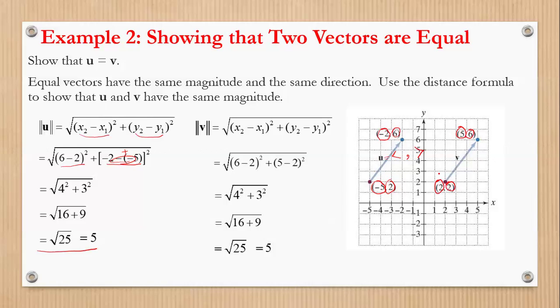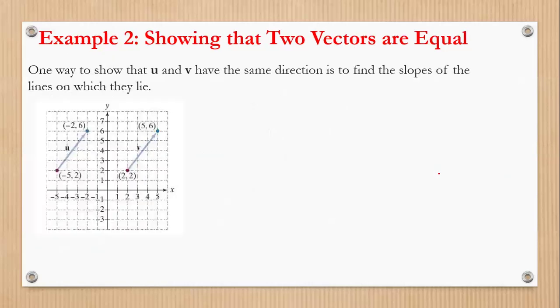Now we need to show that the two vectors have the same direction. To show the direction, we need to find the angle that they create with the x-axis, or this line. You need to find this angle. But finding the angle may not be as easy as we think.